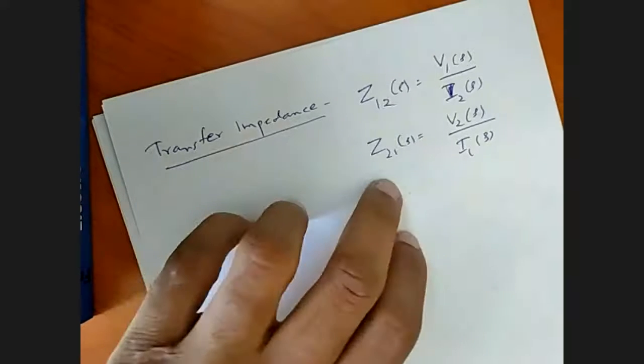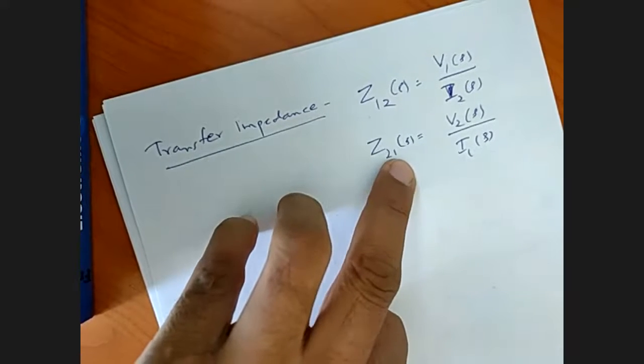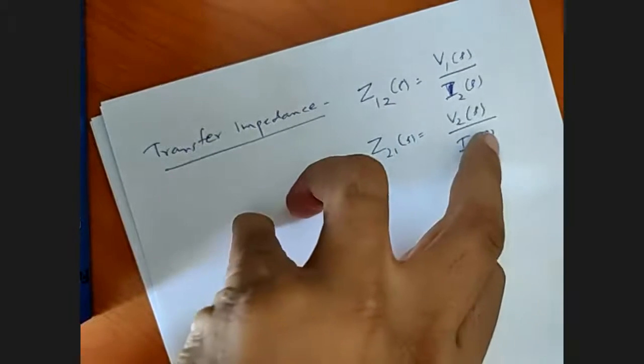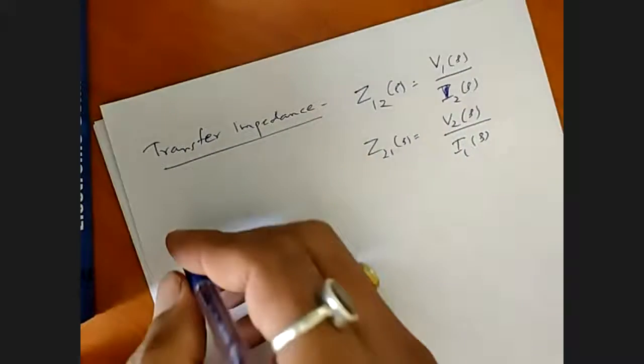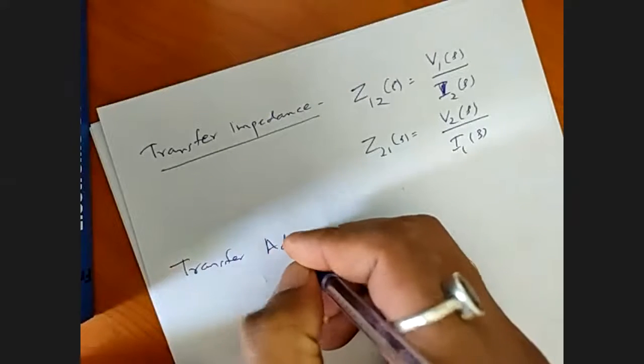So 2-1 means the first quantity is at side two and the second quantity is at side one. So it will be V2(S) upon I1(S). And similarly, we can have transfer admittance.